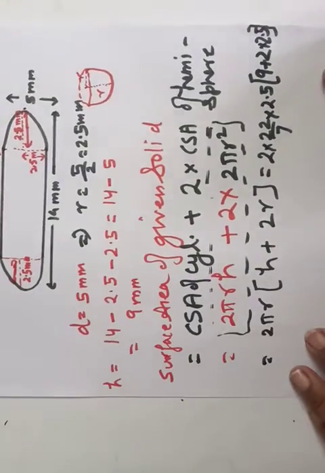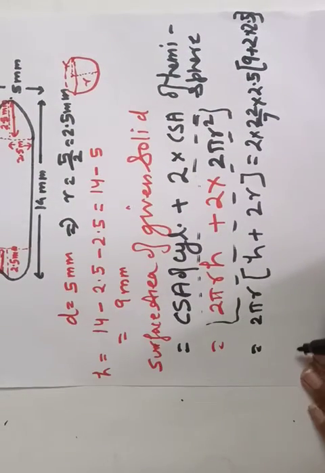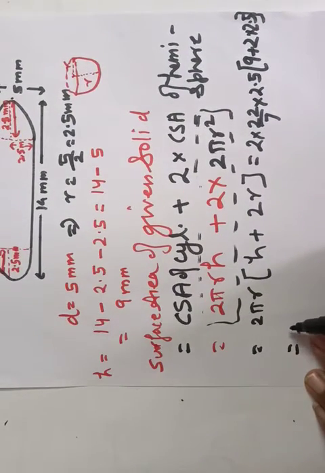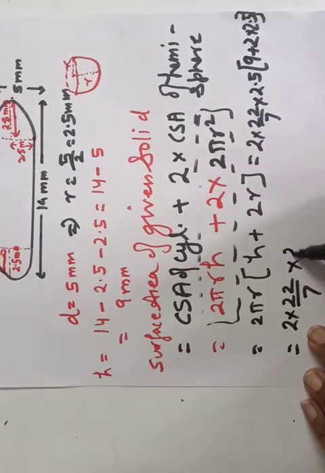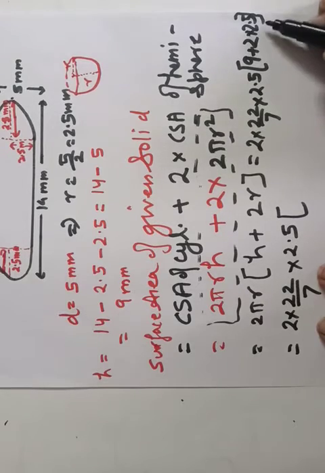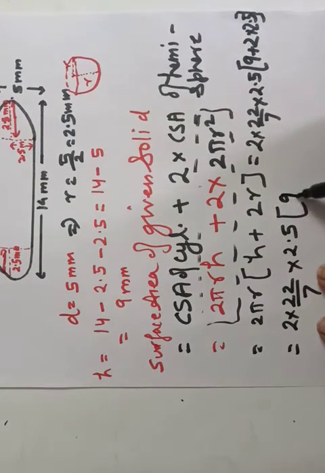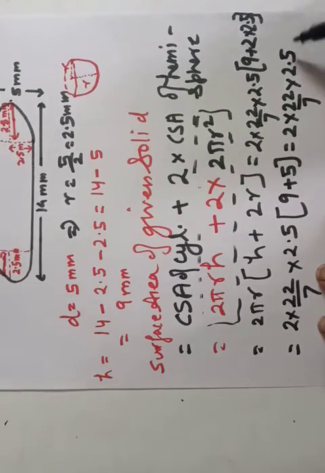Let's calculate. 2 into 22 upon 7 into 2.5, and in the bracket 9 plus 2 into 2.5, that is 9 plus 5. So it is equal to 2 into 22 upon 7 into 2.5 into 14.